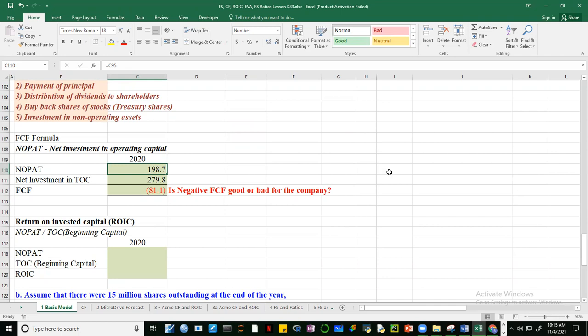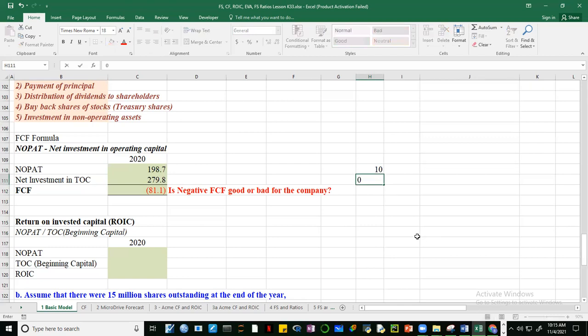Again, guys, not necessarily. Okay, because let's say, guys, that the NOPAT is only low, 10. Okay, compared to the NOPAT of the competitor, which let's say it's in the hundreds, the NOPAT of the company is low at 10. And then investment in TOC, let's say it's 0. So you have here a free cash flow that's positive 10.